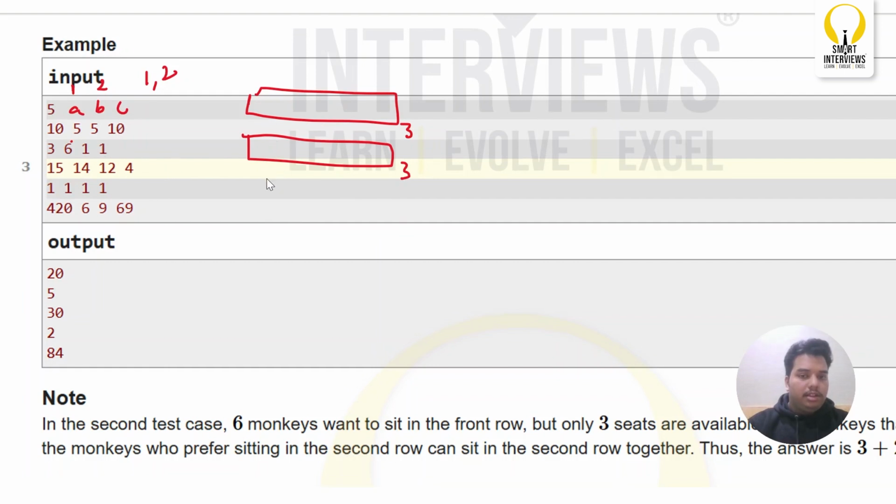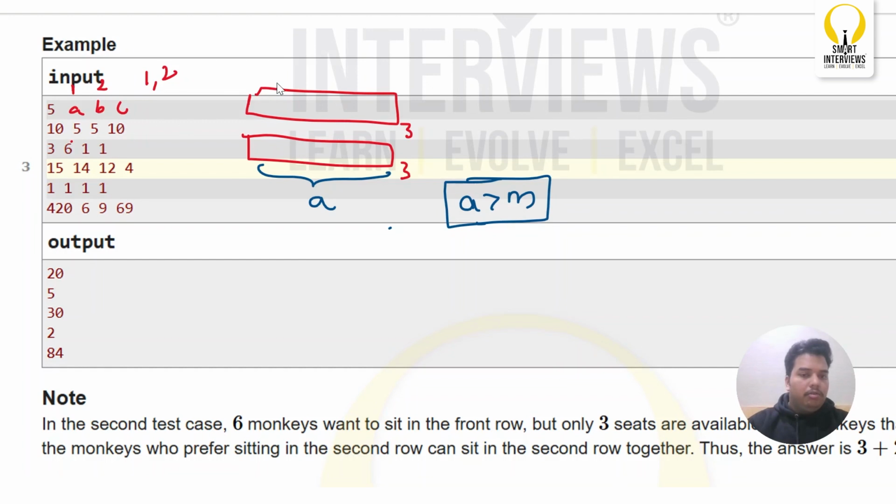Now A is 6, but 6 means A can't sit entirely here, right? Only half of the A can sit. That means only 3 from A. This entire row is occupied by A. Though we have 3 more in A, they can't sit in B. So obviously here A is greater than M. So we need to handle this case.